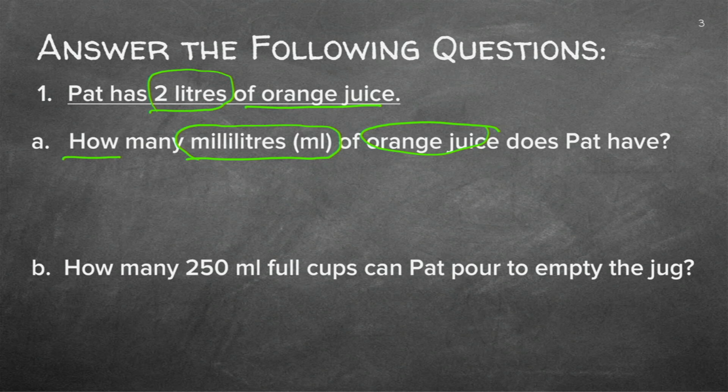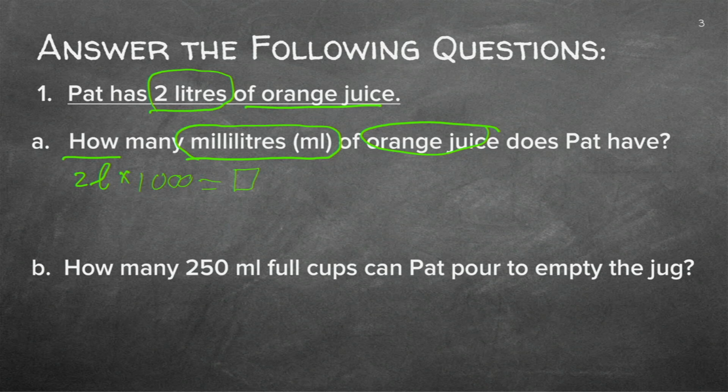So now I start with my number sentence where I don't do the answer yet. So now I can go and say 2 liters. I have to go from liter to milliliter, so I multiply by 1000, and that will be equal to I don't know yet.